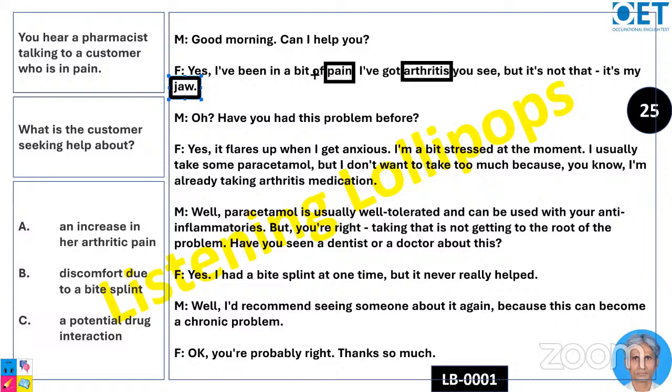Oh, have you had this problem before? Yeah, it flares when I get anxious, and I'm a bit stressed at the moment. I usually take some paracetamol, but I don't want to take too much.